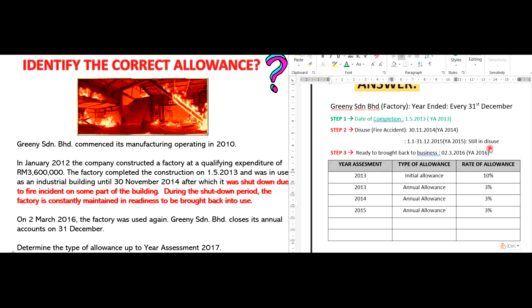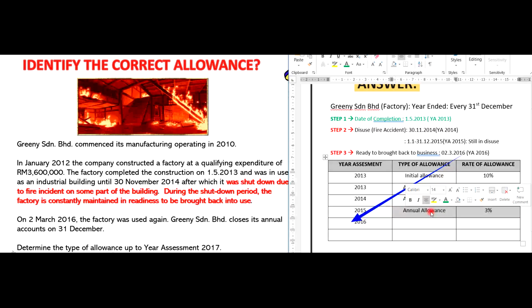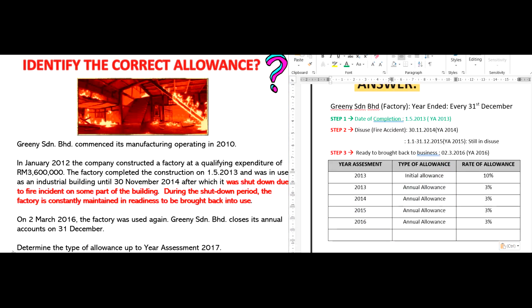In 2016, the factory has been brought back into business, so the factory is active already and claims annual allowance. Since the question needs you to identify until 2017, we answer until 2017 here, also annual allowance at the rate of 3%.